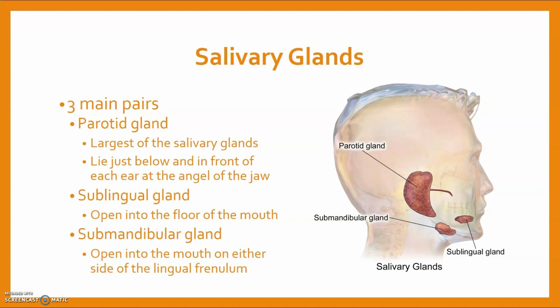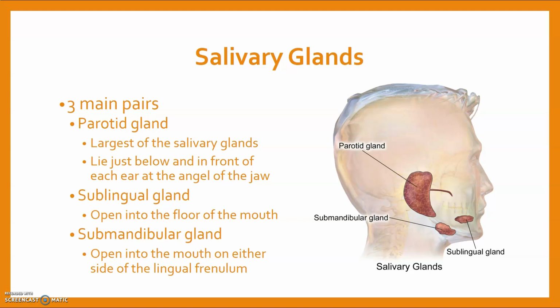You have three main pairs of salivary glands, and these are the parotids, the sublingual, and the submandibular. The parotid is the largest of the salivary glands, and it's located just below and in front of each ear at the angle of your jaw.